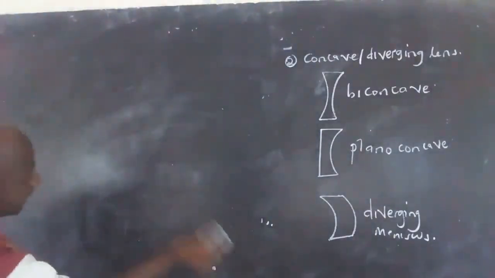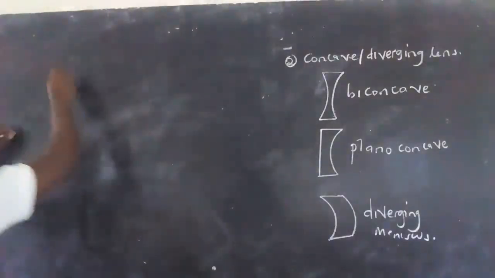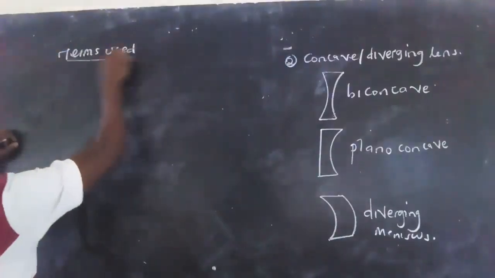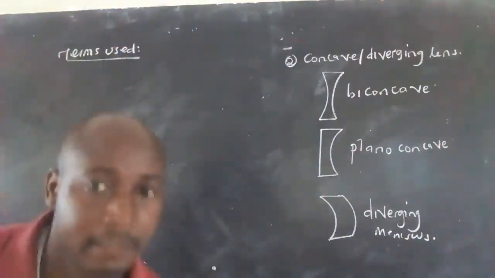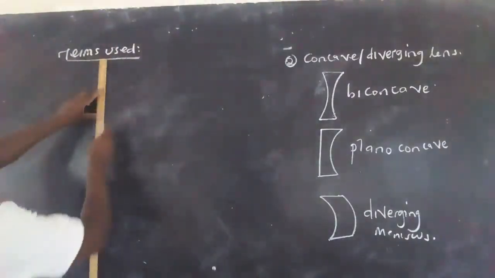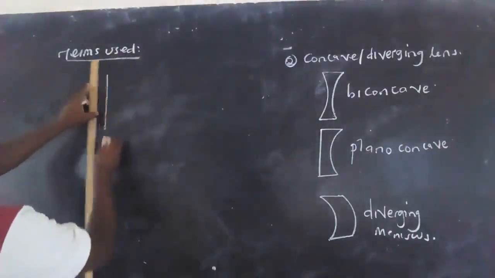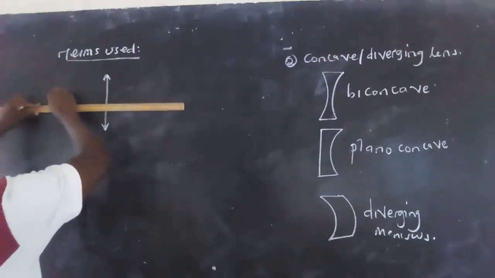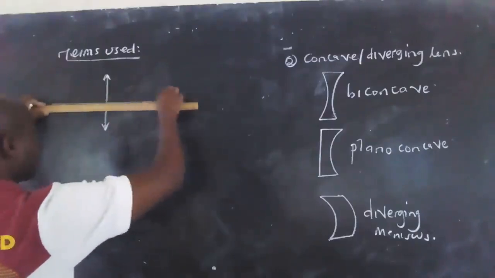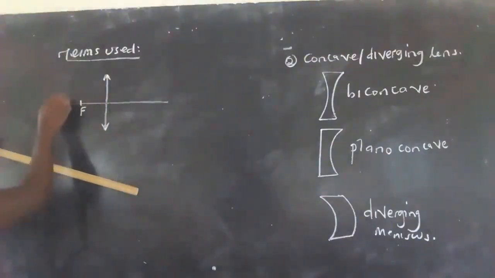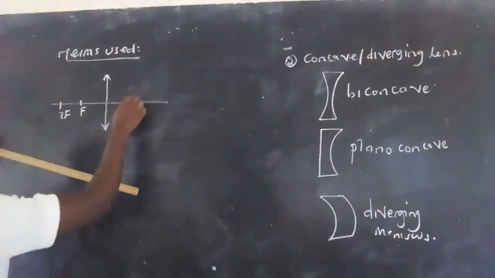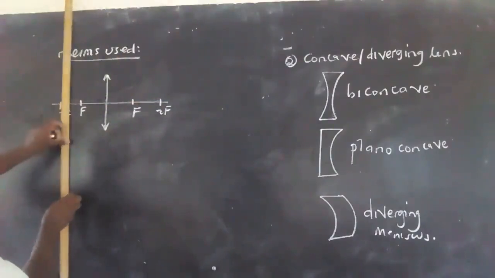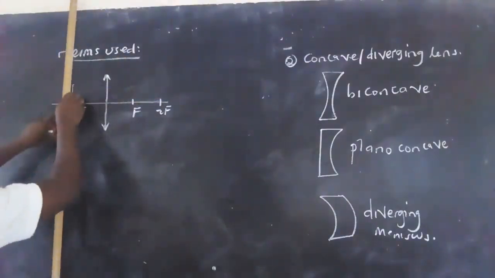Then we go to terms used. We shall have a diagram. This is F2, F. Let us put an object here.